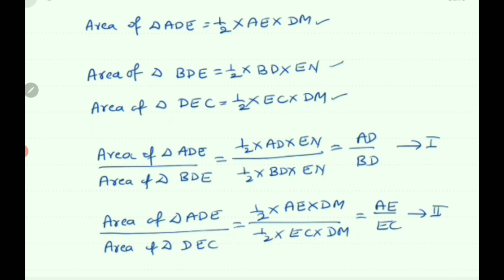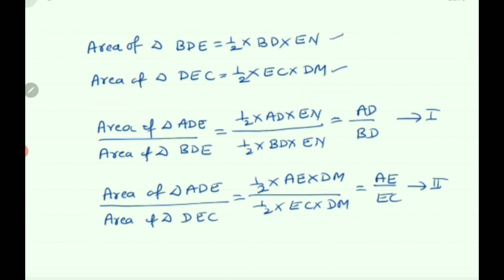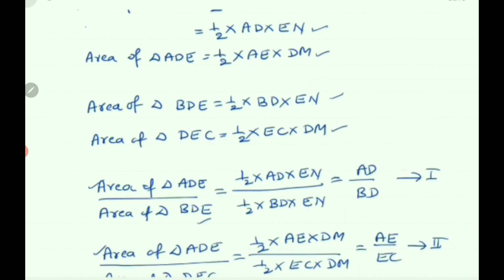And here you must observe both ratios: area of triangle ADE by area of triangle BDE, and next the ratio area of triangle ADE by area of triangle DEC. The numerator is the area of the same triangle ADE, but see the denominators: area of triangle BDE and area of triangle DEC.